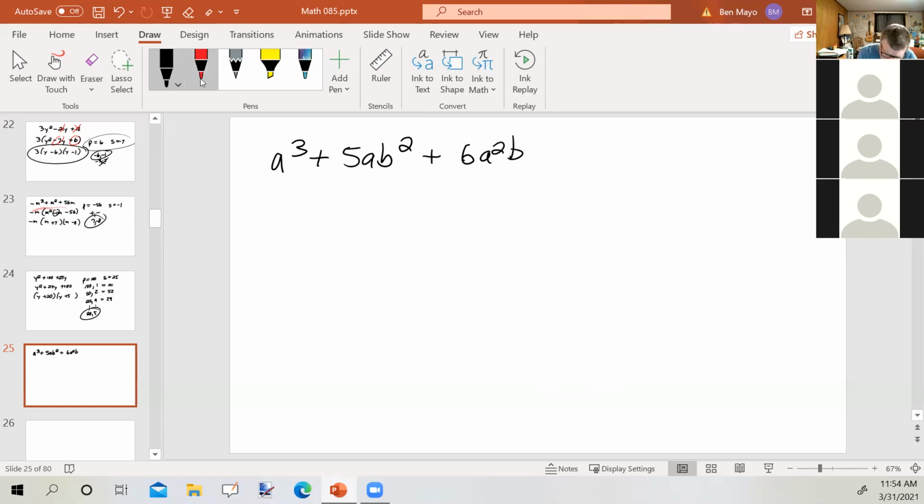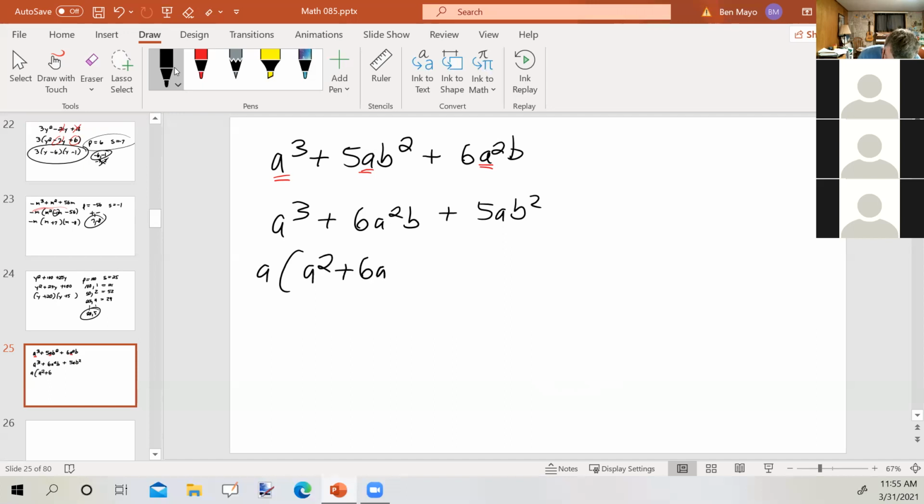However, look here, I've got a cubed, a to the first power, a to the second power. So I could write it a cubed plus 6a squared b plus 5ab squared. So now it's a cubed, a squared, a. It's in descending powers. Oh, every term contains an a. That's the greatest common factor in this case, isn't it? So a times a squared plus 6ab plus 5b squared.